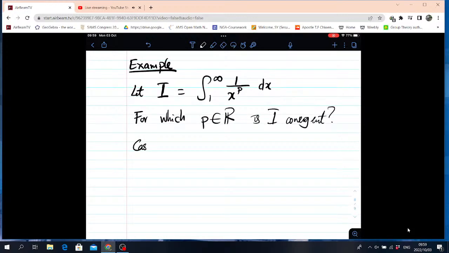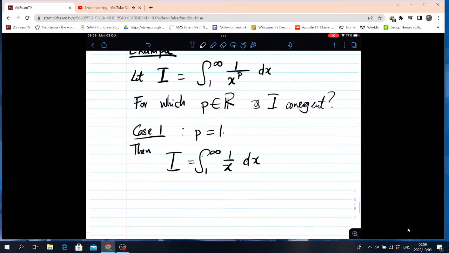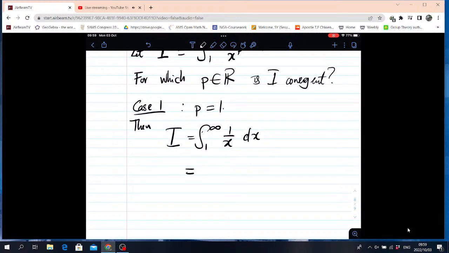So case 1, suppose that p is equal to 1, right? Then what it means is I would be equal to the integral from 1 to infinity of 1 over x dx, and the limit as t tends to infinity of the integral from 1 to t of 1 over x dx.